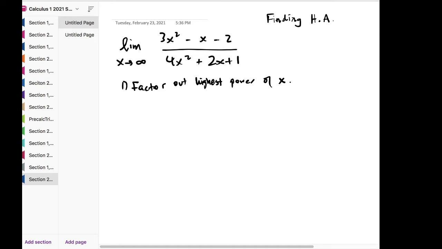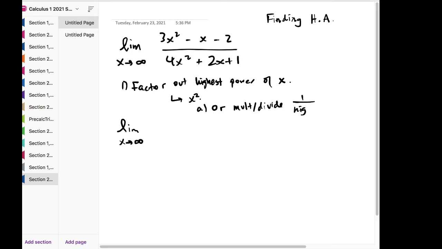So in this case, it's x squared. Okay, so when we do that, either you can factor the highest power of x, or multiply and divide by 1 over the highest power. Either of these are okay. So let's do factoring out.